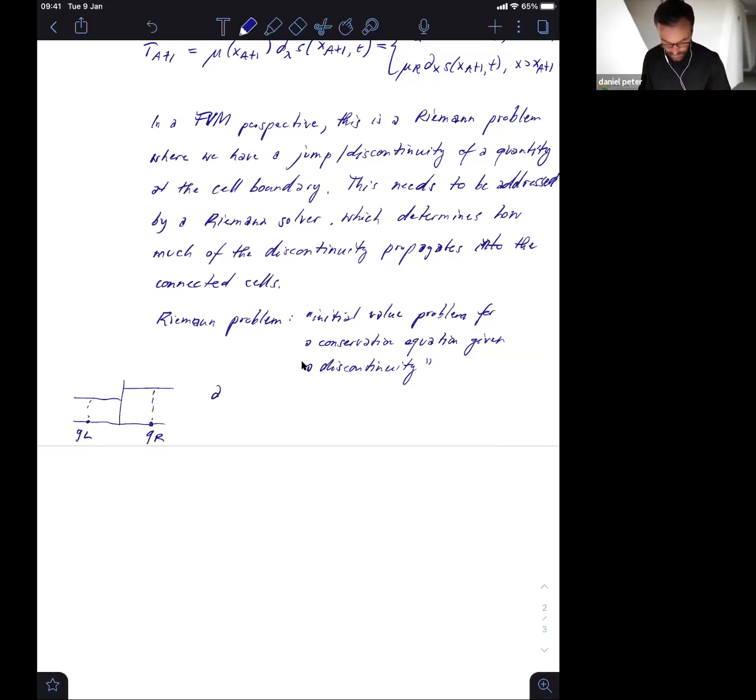So if you would have the advection equation, which is a conservation equation, then you have the initial value problem. Given a jump, let's say at x equals 0, then Q is the left value if x is less than 0, or Q is the right-hand side value if x is bigger than 0.